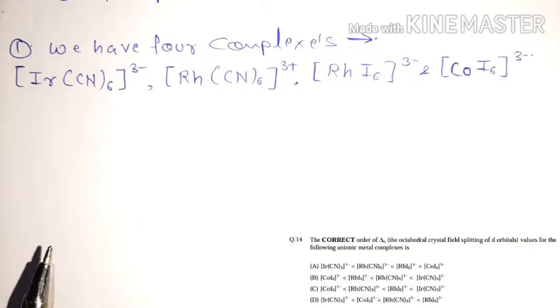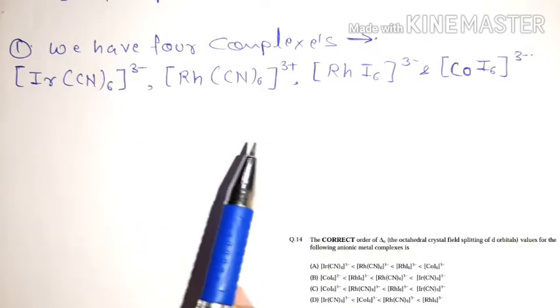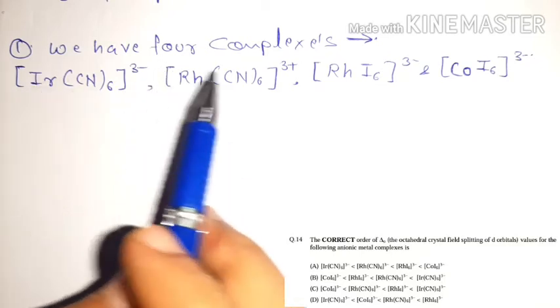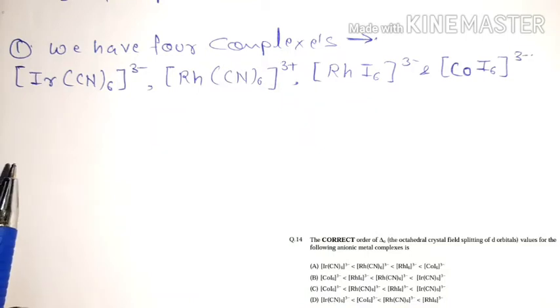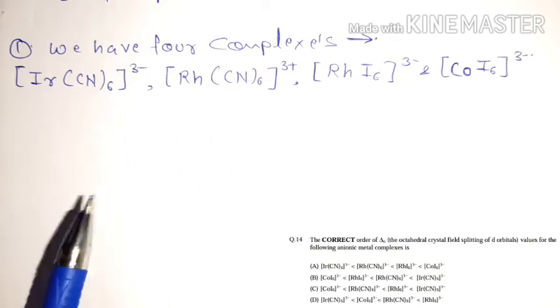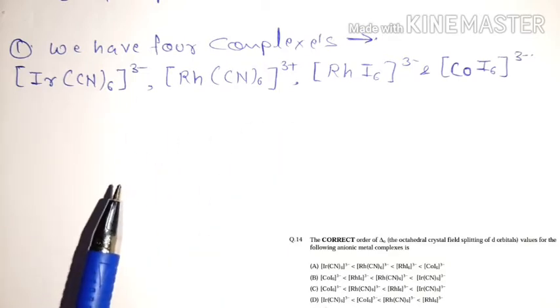Okay, now friends, in all these complexes we have three metals, that is iridium, rhodium and cobalt. So first you must find the relationship between delta O and your transition metals, and you must find the relationship between delta O and ligand strength. Then after you can find the order of delta O of all these complexes.